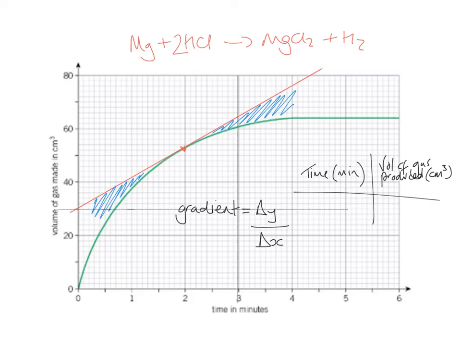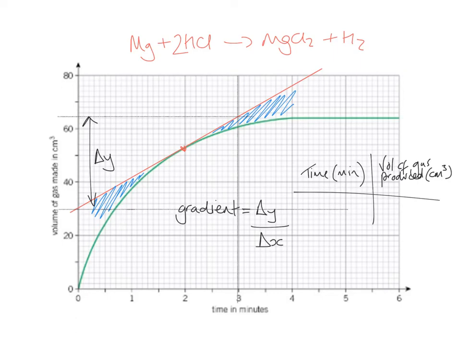And so there we've got two lines that both bisect the tangent line. Now to work out the change in y, first of all, I need to use that line I just previously drew and find the point at which the line at 3 minutes meets the red tangent line and then extend across. And so this is now going to be my change in y.